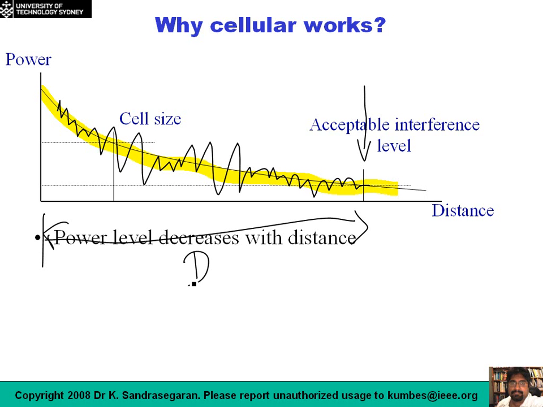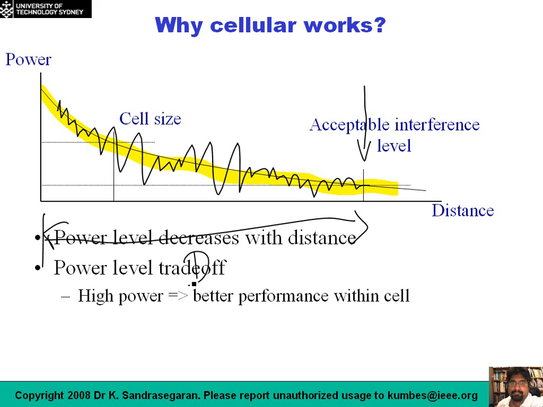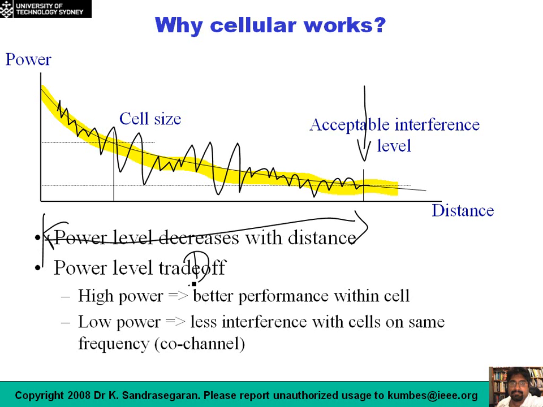So essentially power levels decrease with distance. Now there's a power level trade-off here. Obviously, if you use high power, you're going to have a better performance within the cell. But the higher the power you use, the more the interference it will create at another point where you're going to reuse the frequency.